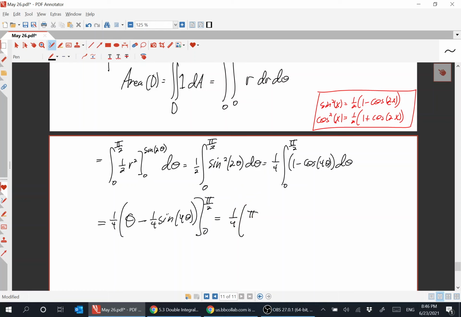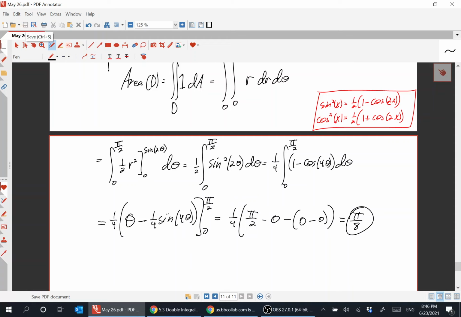So at pi over 2, you get pi over 8 minus the sine term: pi over 2 times 4 is 2 pi, and sine 2 pi is 0. Minus evaluating at 0, well, that's 0, and sine of 0 is 0. So you just get pi over 8. All right, so that's the area of that one petal of the four-leaf rose.